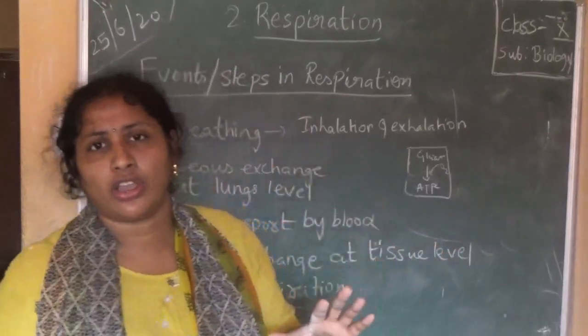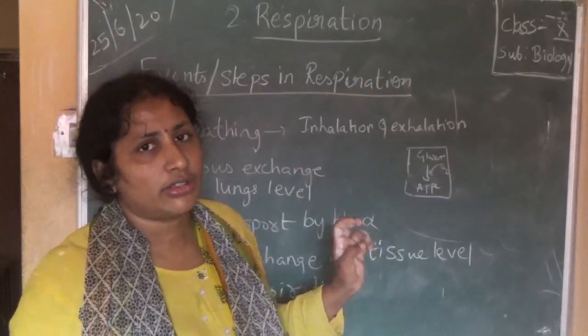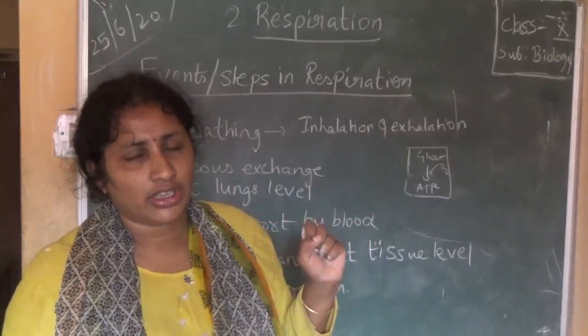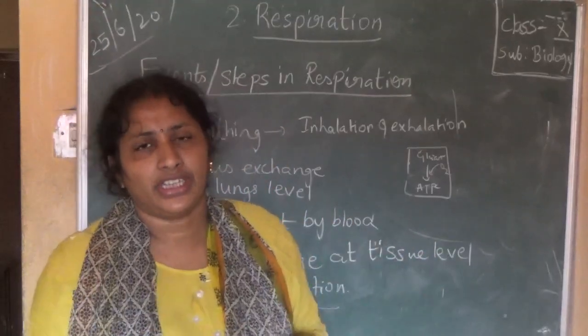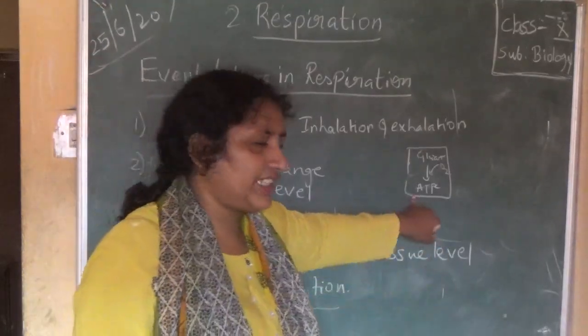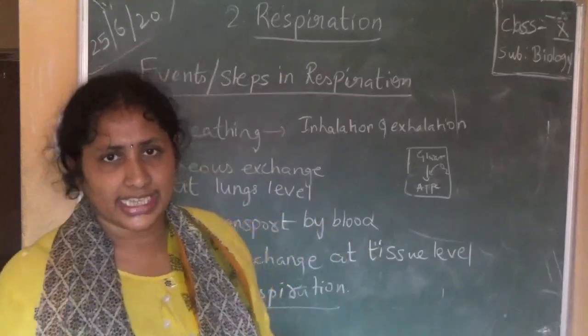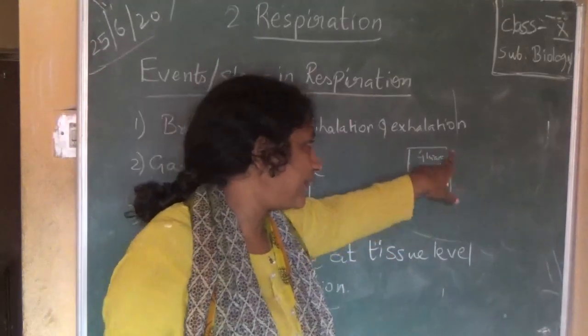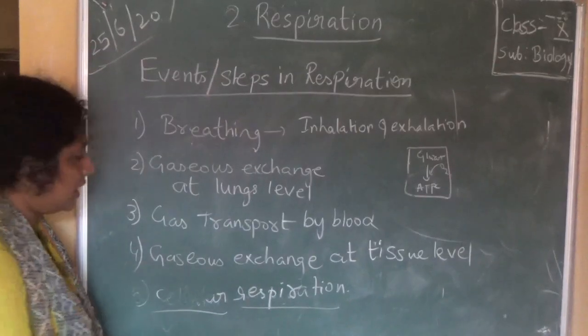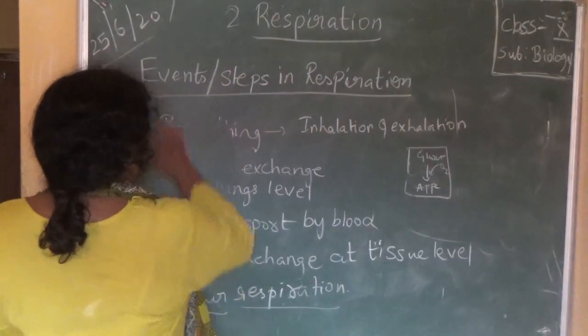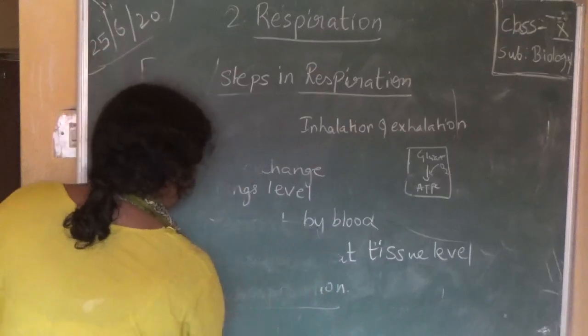So who brought oxygen? Blood brought oxygen. So now the cells will take the oxygen. It has glucose inside it. The glucose will convert into ATP, that is energy needed for the cell. That's what is happening inside the cell. That is why it is called as cellular respiration. Yes. So these are the events or steps in the respiration.